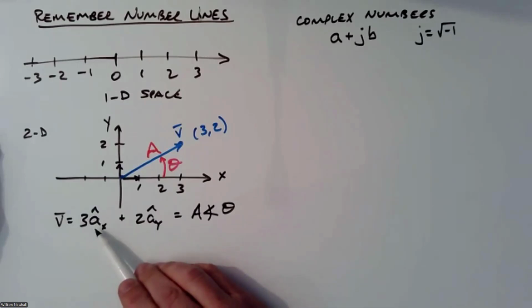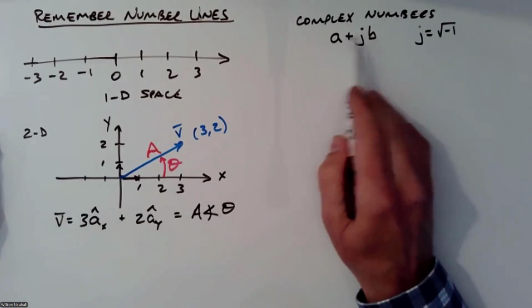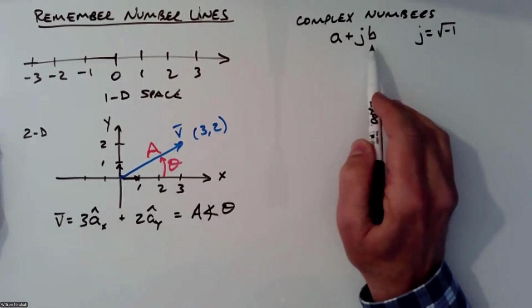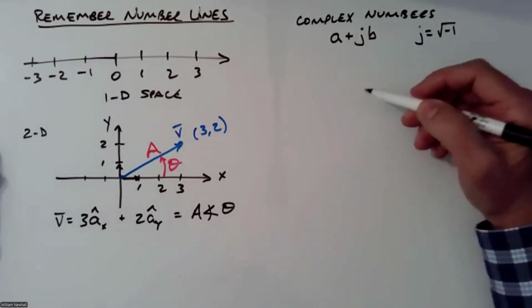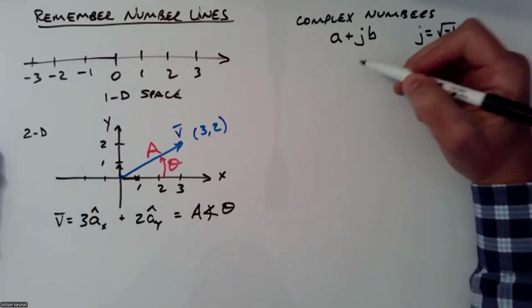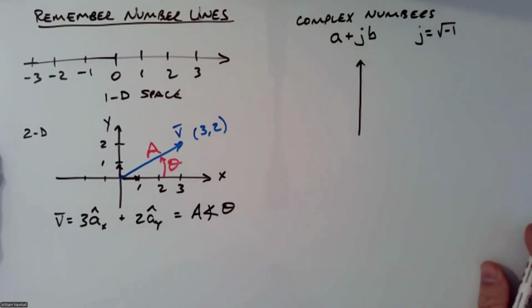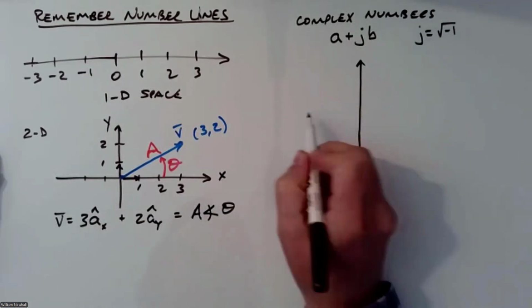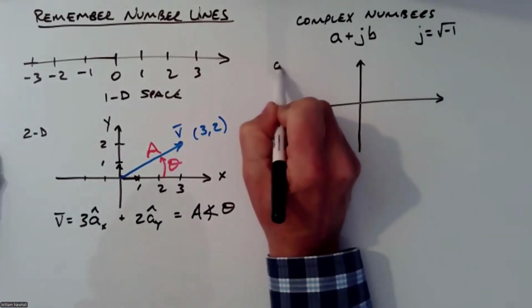You would add the X components, you add the Y components, and that's your resultant vector, right? For complex numbers, you add the real parts together, you add the imaginary parts together, and you never mix the two. Okay. So there's this analogy or this representation where you can show complex numbers on a two-dimensional plot, which we call the complex plane.